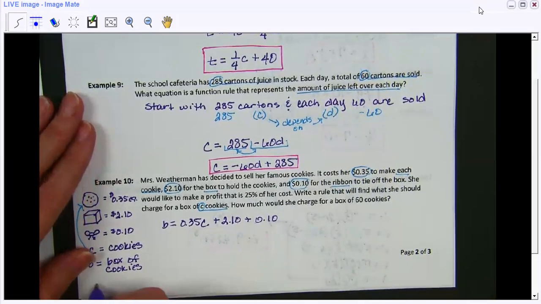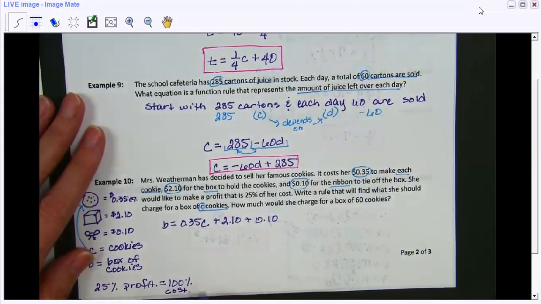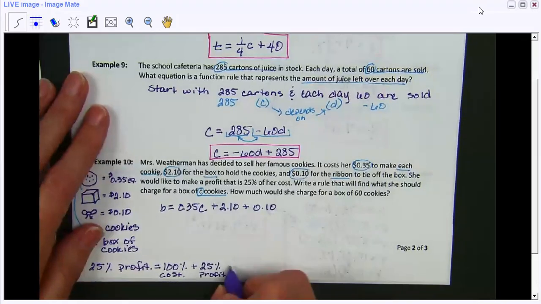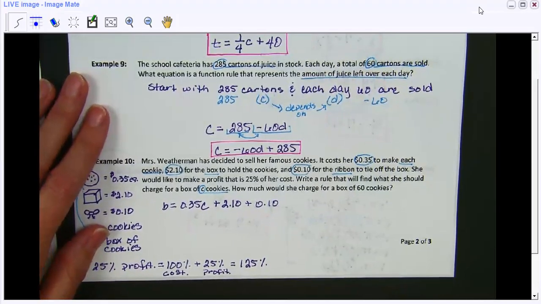She wants to make a 25% profit. Okay. This has to be 100% of the cost plus an extra 25% profit. Which means she has to charge 125% of the amount that it costs her to make a box of cookies.